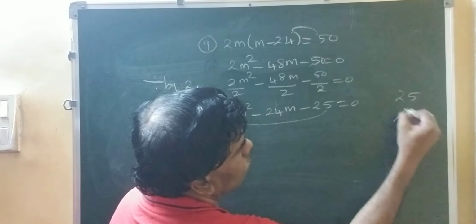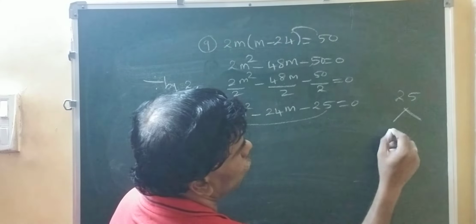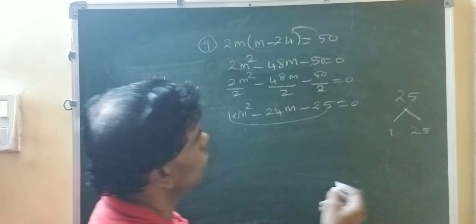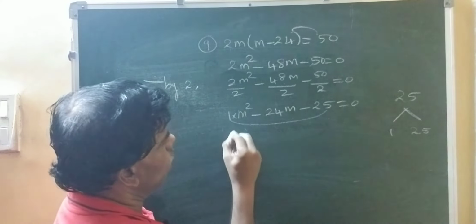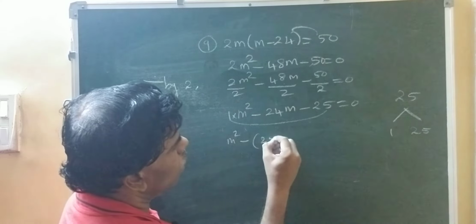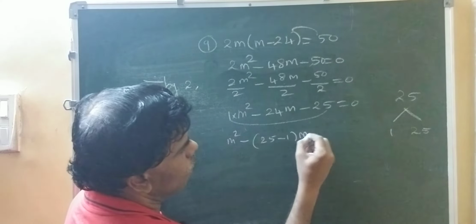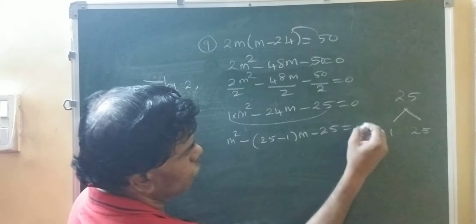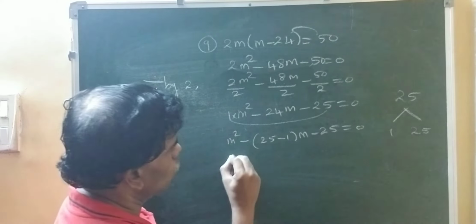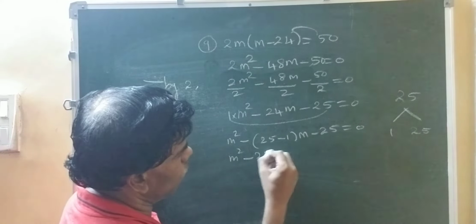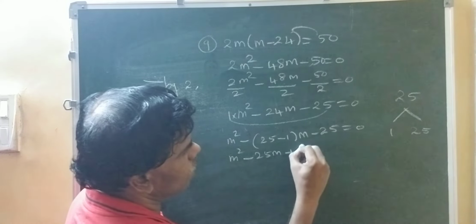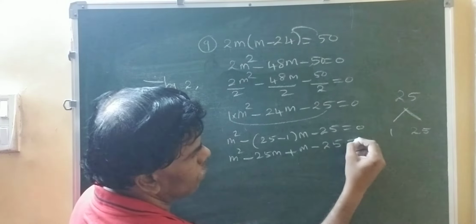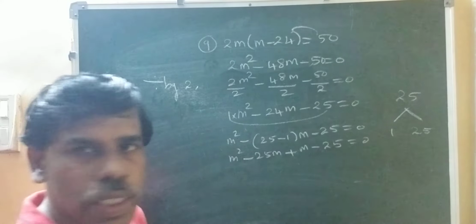25, see, 1 into 25. So m square minus 25m plus m minus 25 is equal to 0. It's very easy.